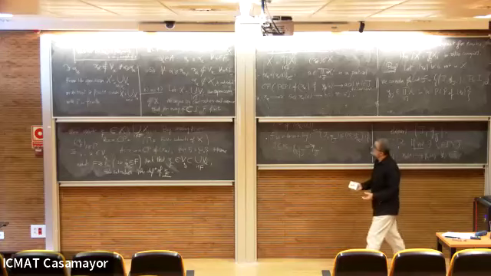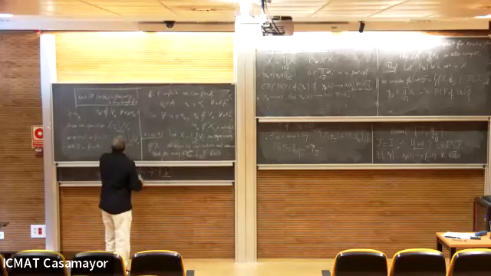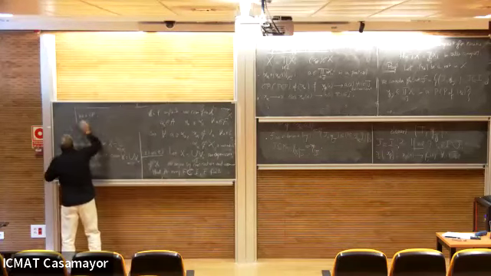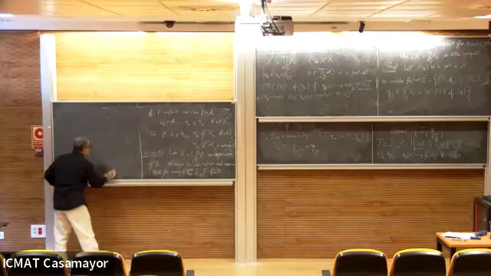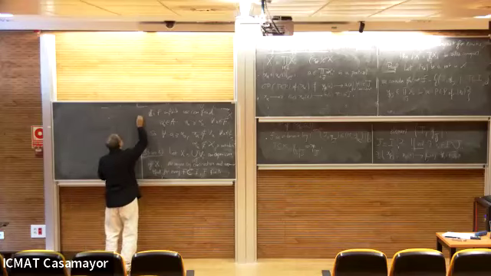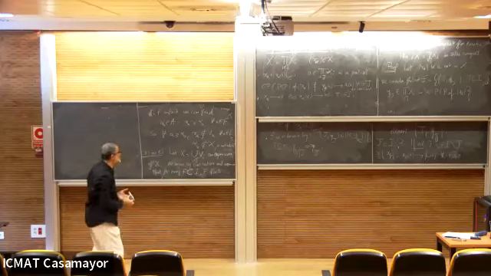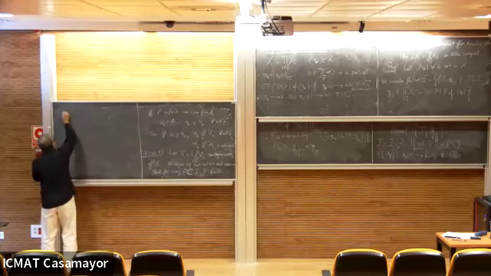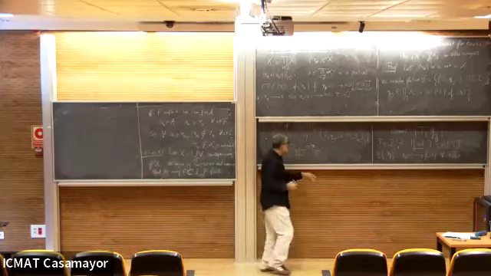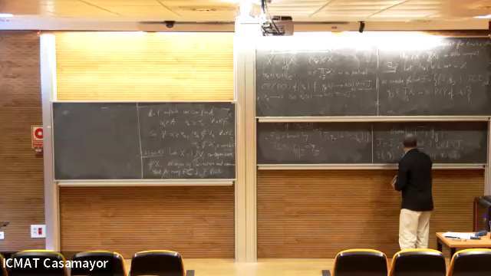Now, if we take the net, I forgot to say, but it is very easy to see that a subnet of a subnet is itself a subnet of the initial one. So if we take the subnet x beta, I will say x1 beta.